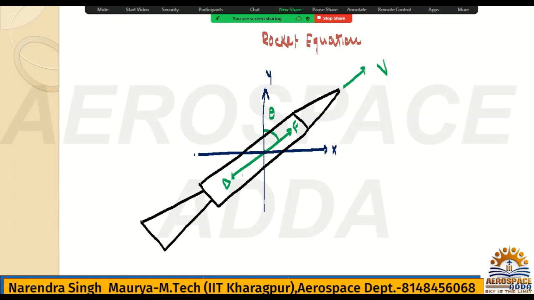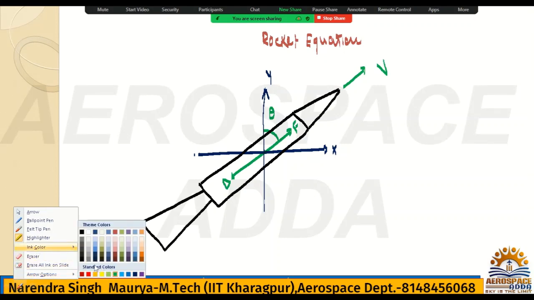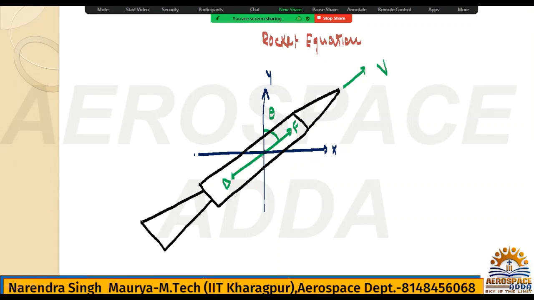Definitely downward we will have the weight of the rocket. This is the downward component, and here I can say it is mg, mass of the rocket times g, the gravitational acceleration. Remember, this mass will be instantaneous mass.